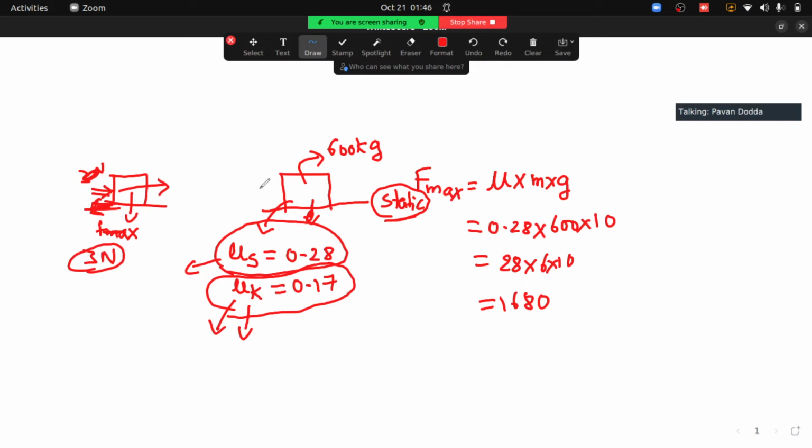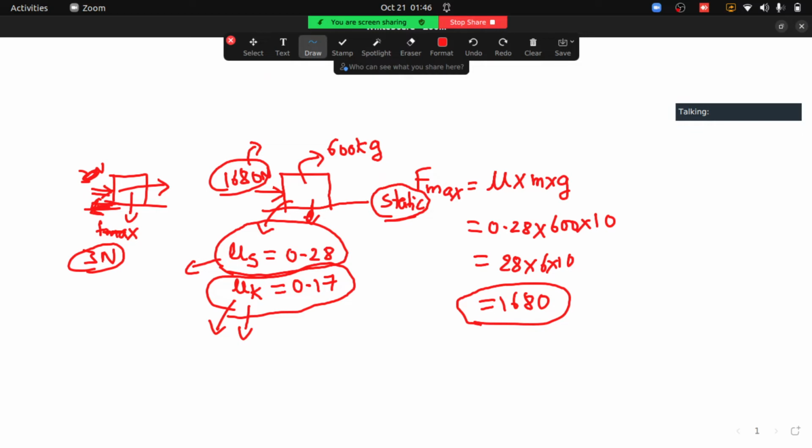So until I apply a force of 1680 Newton, the block is not going to move. If I apply a small force greater than 1680 Newton, then the block will start moving. Is this clear?